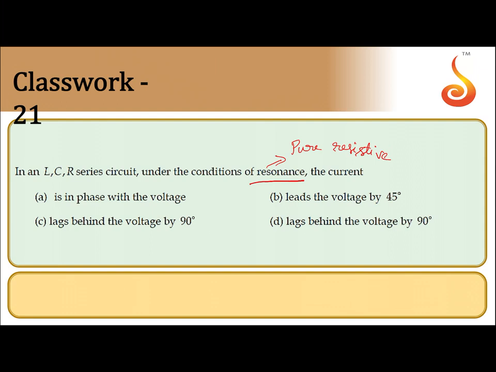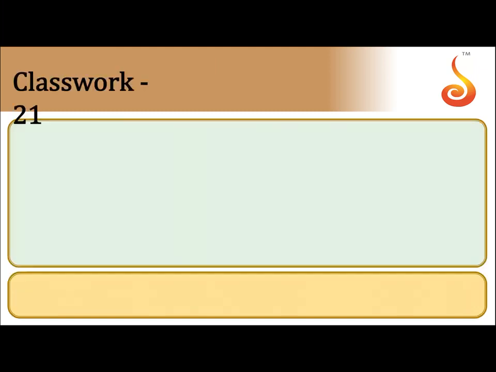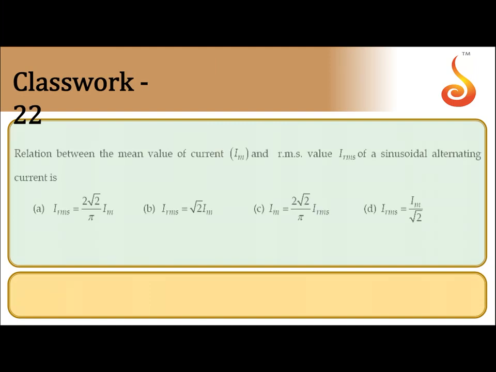And in a purely resistive circuit, there is no phase difference between current and voltage. So we say they are in phase. Current and voltage are in phase. That is option A. So we shall proceed further.